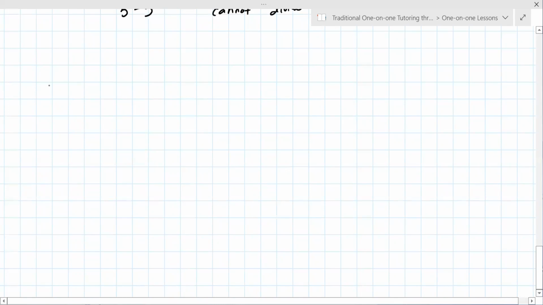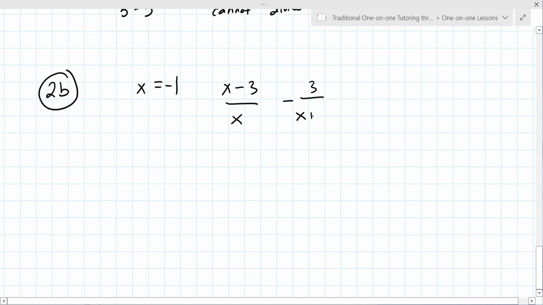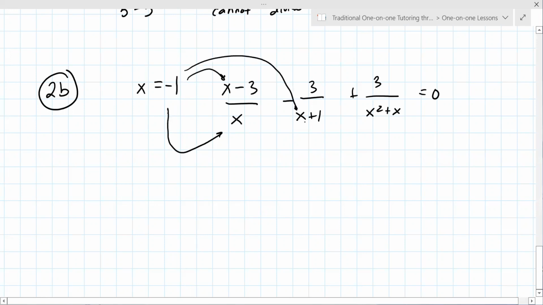All right, let's look at 2b. It says, okay, x equals -1 is a solution to x minus 3 over x plus 1 plus 3 over x squared plus x equals 0. So the inference here is, again, that you're going to substitute this number in for x wherever you see an x.